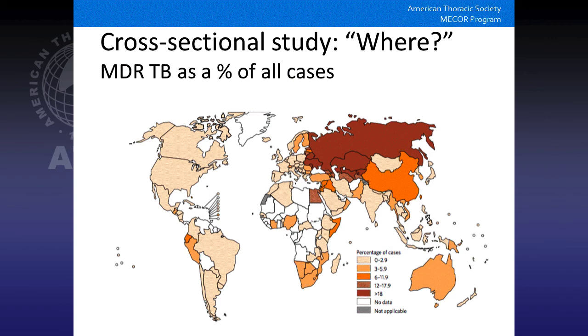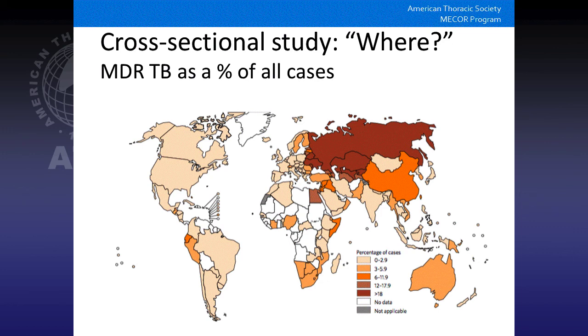Here's another interesting cross-sectional study that addresses that third question, where. This chart or map shows the percent of all cases of known TB that is multiply drug resistant or rifampicin resistant. So the darker colors imply a greater level of resistance, or a greater fraction or proportion of known cases that are MDR-TB.